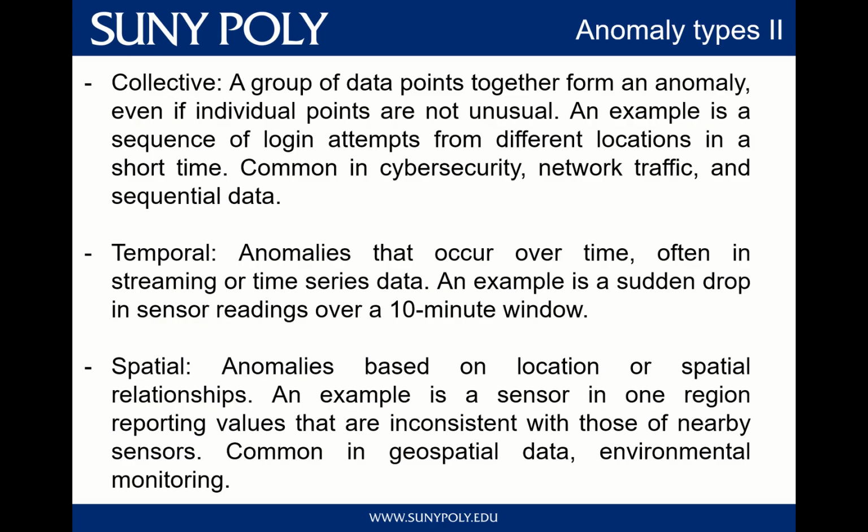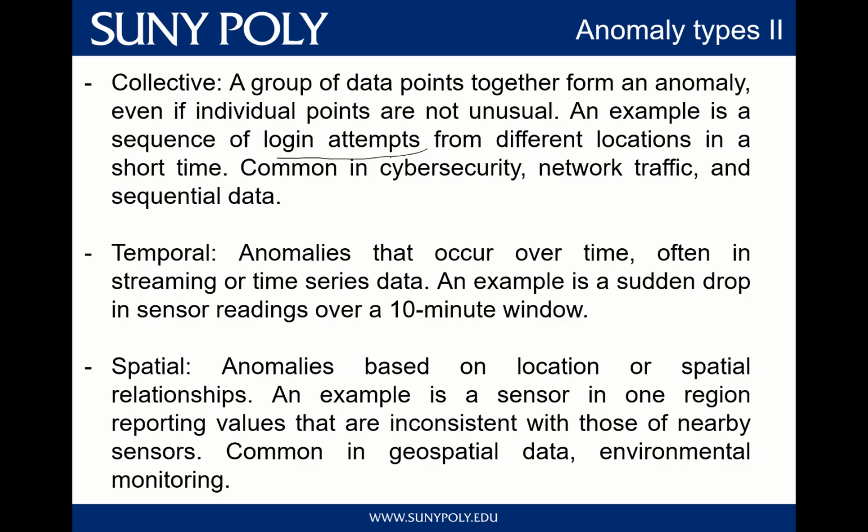Okay, let's see more anomaly types. Collective. This is when a single point is normal, but when you have several points together, that group is an anomaly. An example of this, let's say that there is a login attempt, maybe a normal login attempt.